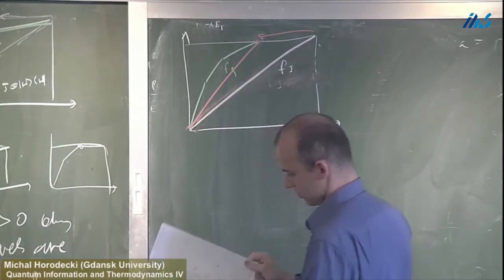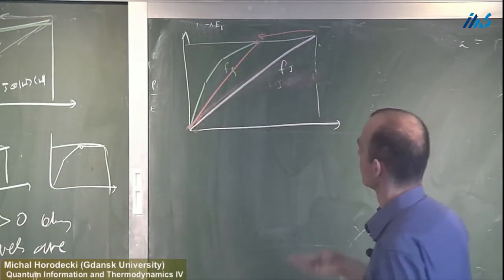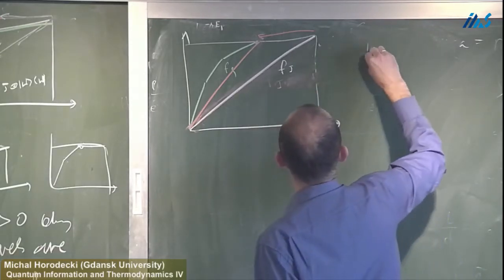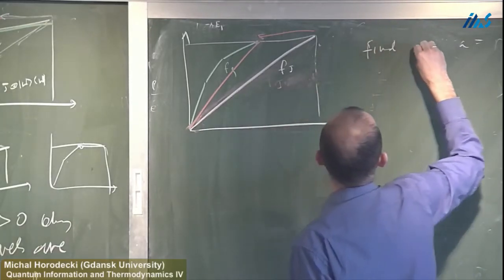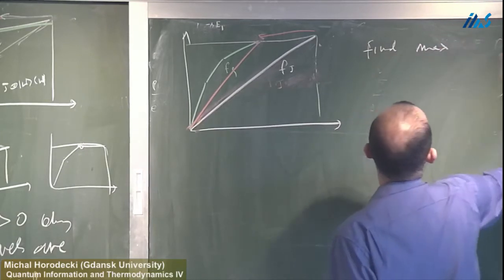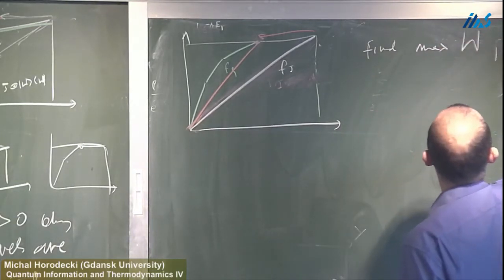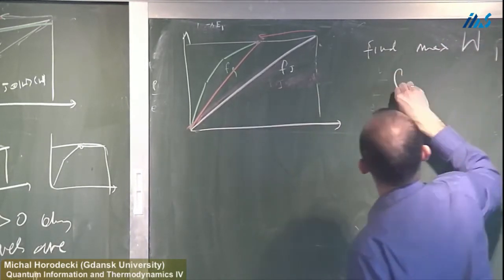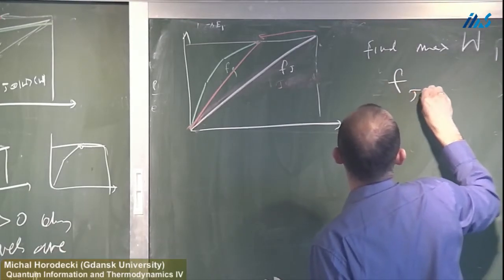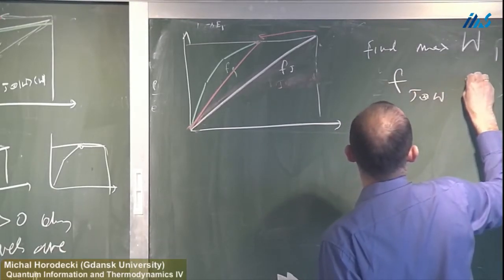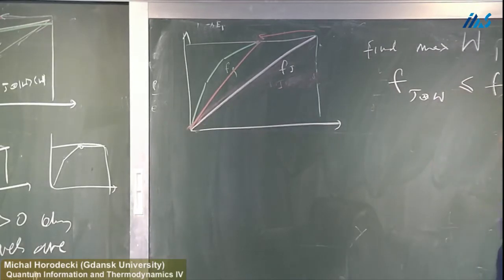So let's calculate the formula. We want to find the maximal work such that F tau W is still below F rho_0, which is actually just F rho.